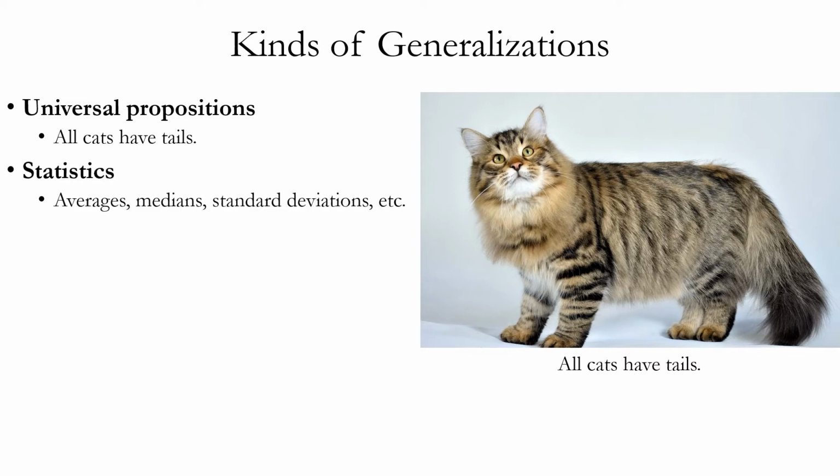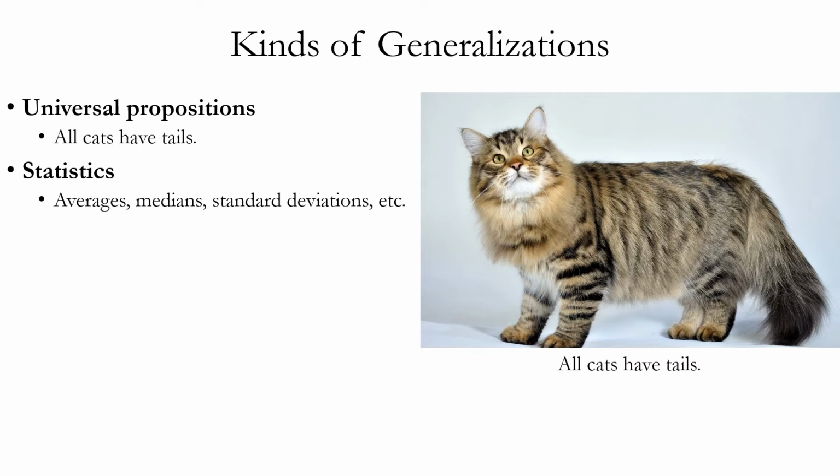Another type of generalization includes the various information that can be given to us by statistical analysis of a data set, such as average value, median value, standard deviations, and so on. The difference between the statistical value and a universal proposition is that universal propositions are meant to apply to each member of a set or group individually.